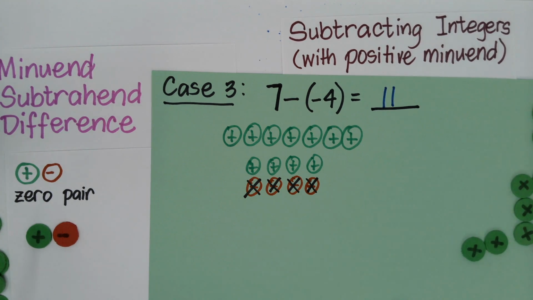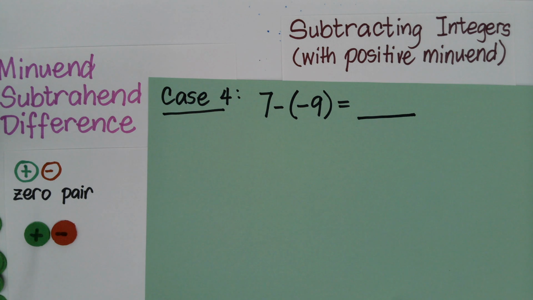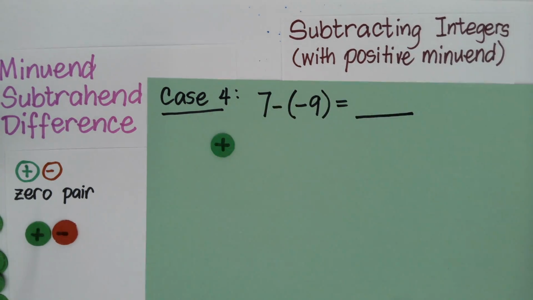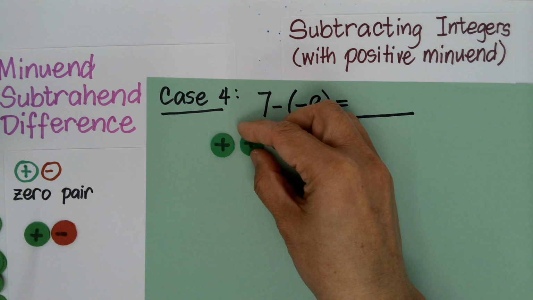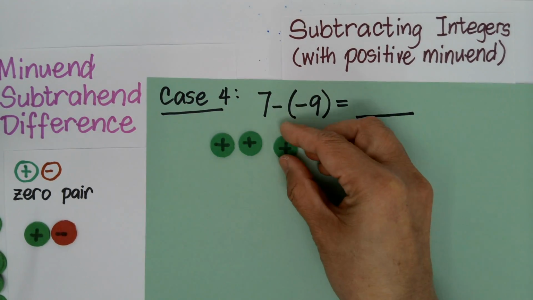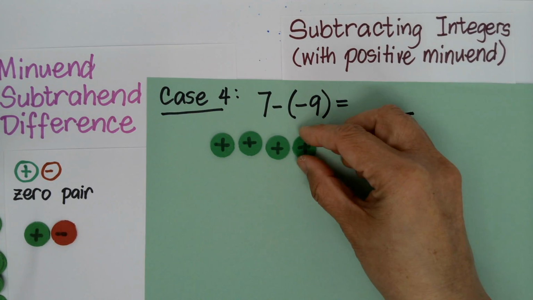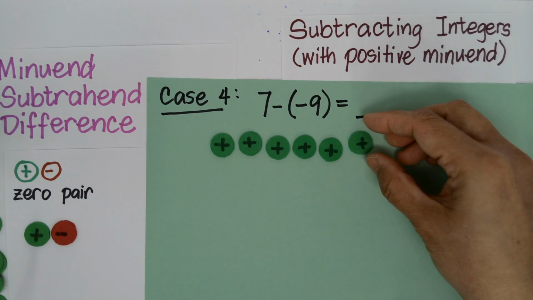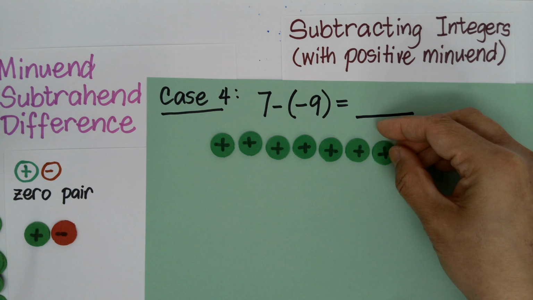And case number 4, where we have 7 minus negative 9. So 7 take away negative 9. Just like what we did earlier, we represent positive 7 with 7 positive discs: 1, 2, 3, 4, 5, 6, and 7.